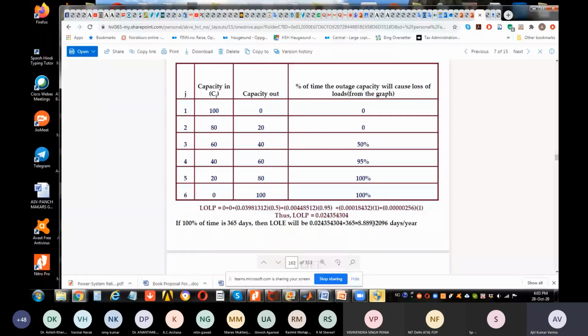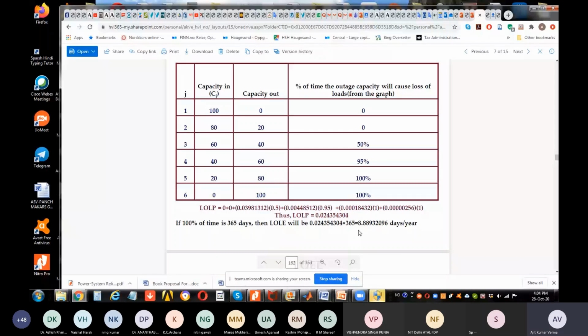This is the LOLP. The loss of load expectation is the expected number of days over a year. LOLE, you simply multiply it by 365 and you get the number of days in a year in which there will be loss of load.